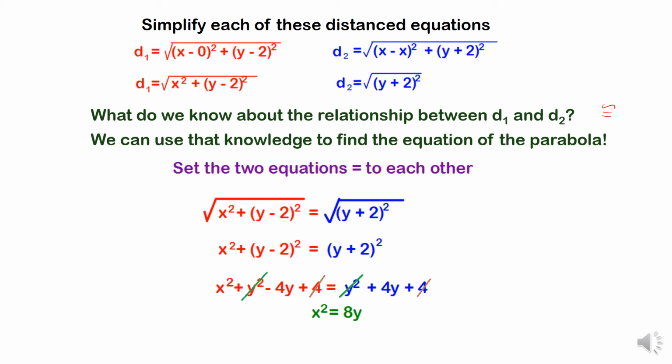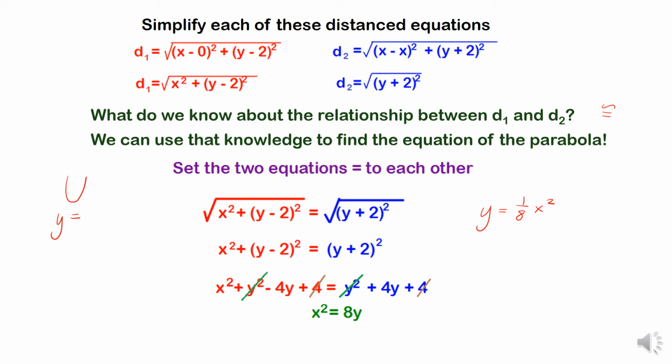Now, we're not done yet. Remember, from the shape of the parabola that we saw, we knew that it was y equals. So we have to get the y alone, because when there's an x squared, that's the part that has to be alone. So we're going to get y equals 1/8 x squared. So look at that carefully.